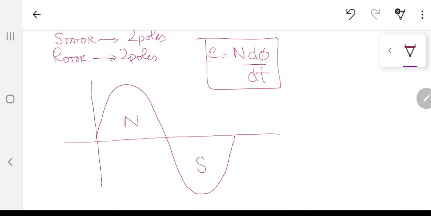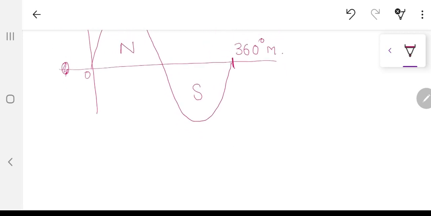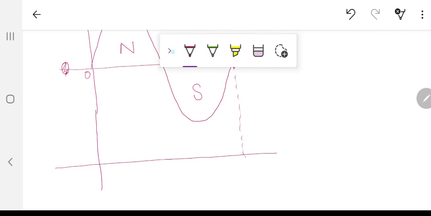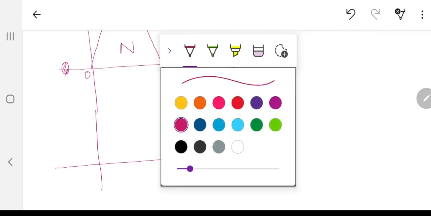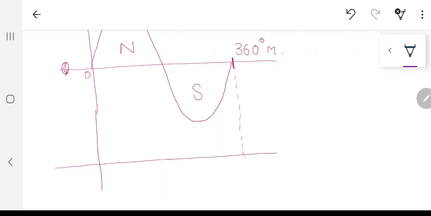Now this is the MMF in space from 0, this point, to the whole 360 degrees mechanical. So when I have this 0 to 360 degrees mechanical, let me make a little diagram, and let me use a different color, this blue.